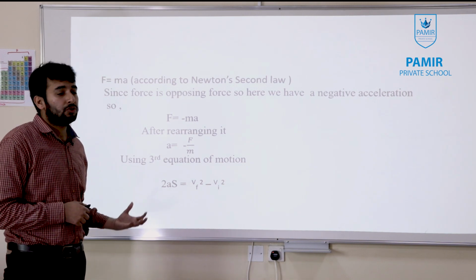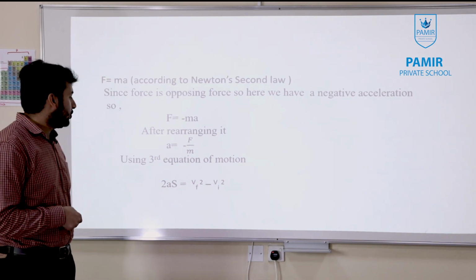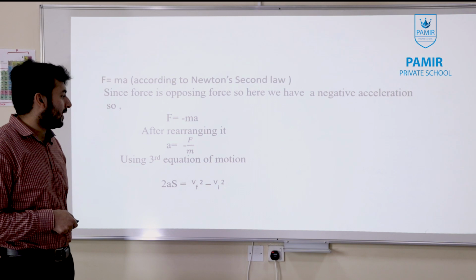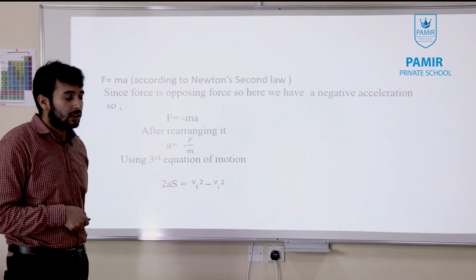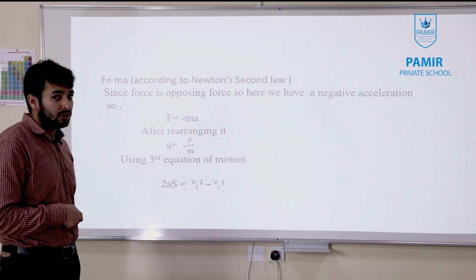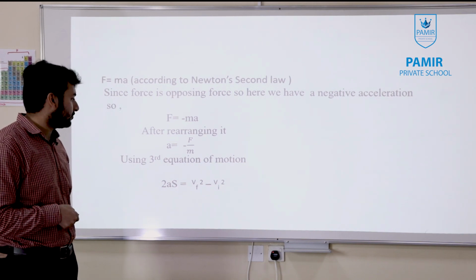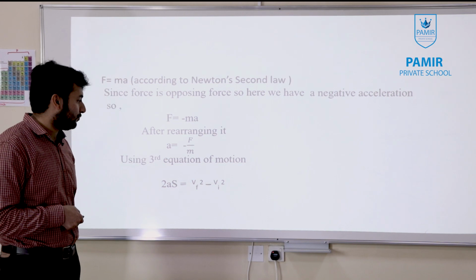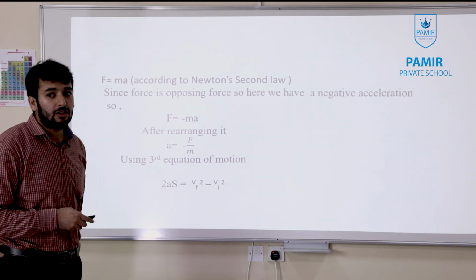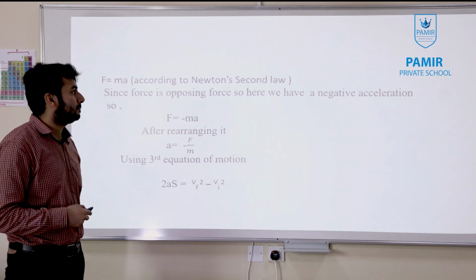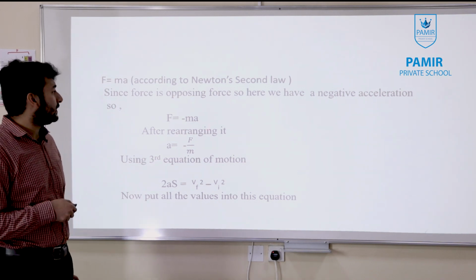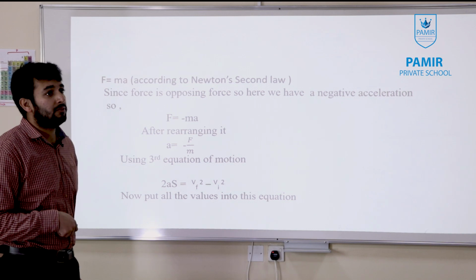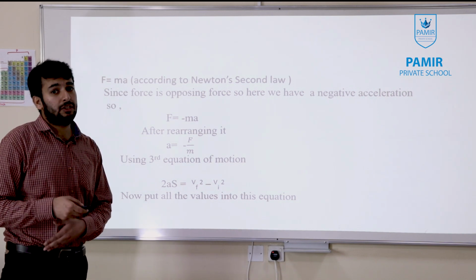So here I am going to use the third equation of motion, 2as is equal to vf square minus vi square. Why am I going to use it? Because I have the knowledge of acceleration, distance, vf, and vi. So now I am just going to put all these values into this equation, and we will be in our concluding position.